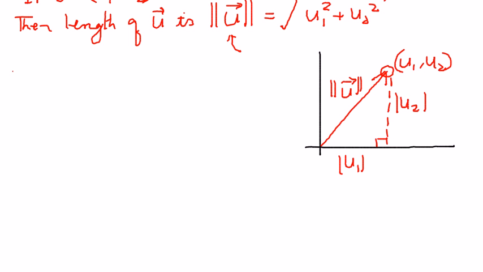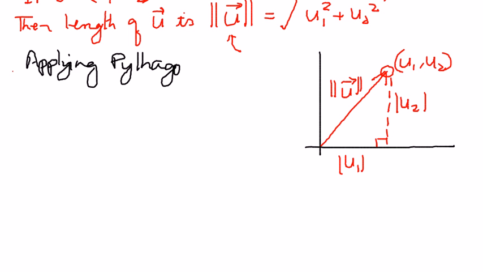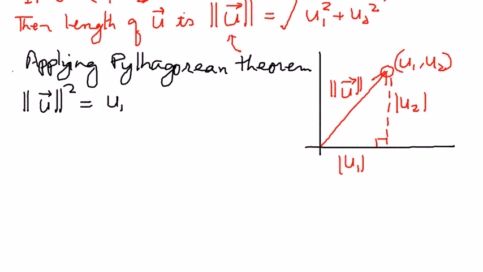Therefore we can apply the Pythagorean theorem here. Let me write that here. Applying the Pythagorean theorem, we can show that the length of the vector raised to the power of 2 is equal to the square of the lengths of the sides of the right triangle.